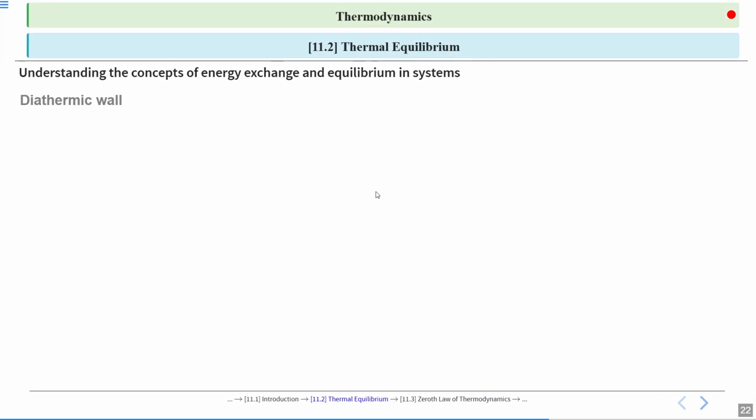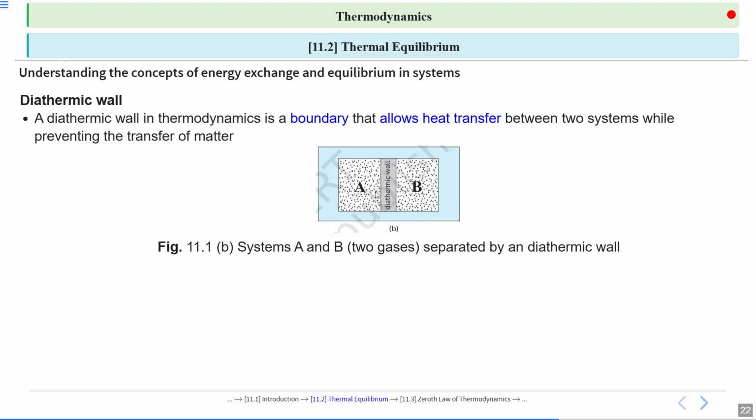Now, the second wall is the diathermic wall. So the question arises: what is a diathermic wall? A diathermic wall in thermodynamics is a boundary that allows heat transfer between two systems while preventing the transfer of matter. Suppose we have two systems, system A and system B, and the boundary between them is a diathermic wall that allows heat transfer.